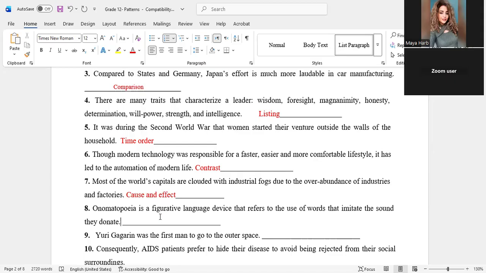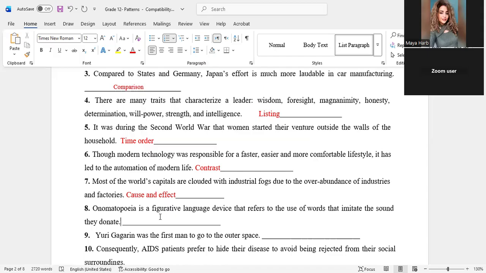And for example, if I want to describe the sound of a snake, I say hissing. Isn't this the sound of a snake? Hiss. Or when you tell me the explosion boomed, boom, isn't this the sound of the explosion? So this is onomatopoeia. It's when the word represents the sound it's describing. Did you understand it or not? Do you want me to explain it more?